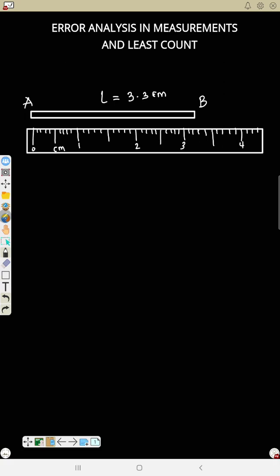That's why this place can be 0.1, 0.2, 0.3, 0.4, 0.5. But the previous ruler I drew has no calibration, only 0, 1, 2. That one can only measure up to 1 centimeter.